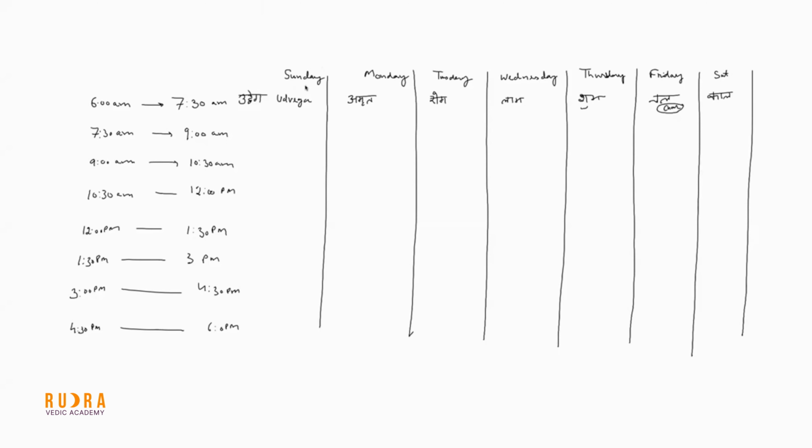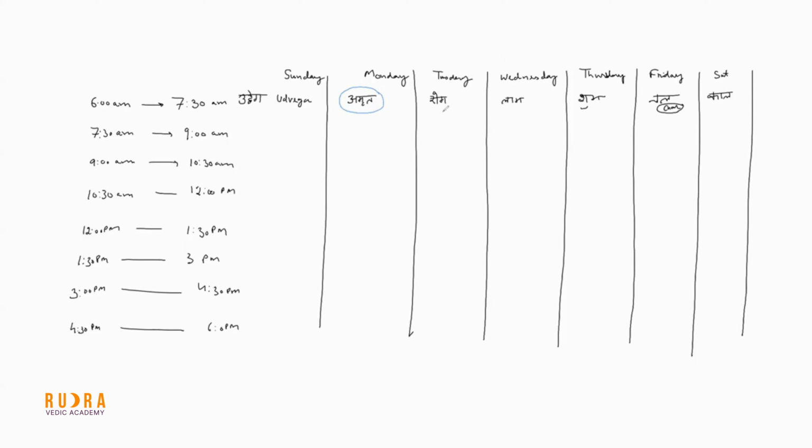Now, the 4 Choghadiyas that are good, I'm going to circle them with blue. And the 3 Choghadiyas that are bad, I'm going to circle them with red. The names that you see as good are obviously very good. You can see them from the name. Amrit is a good word, right?